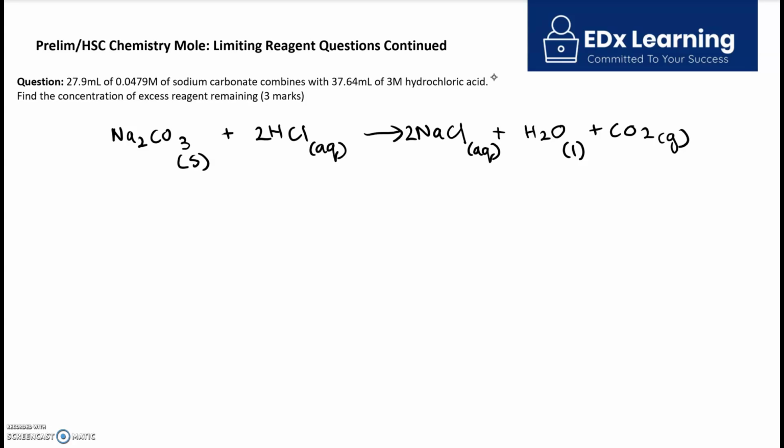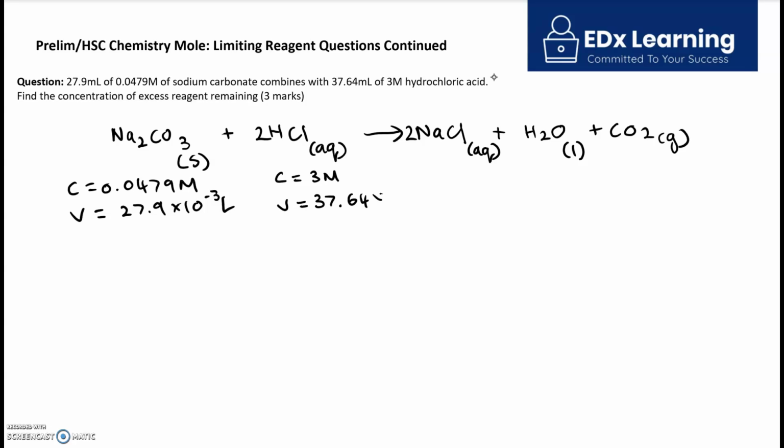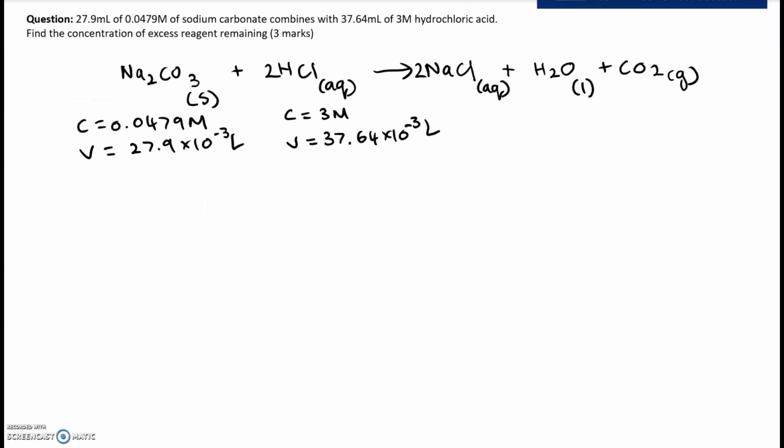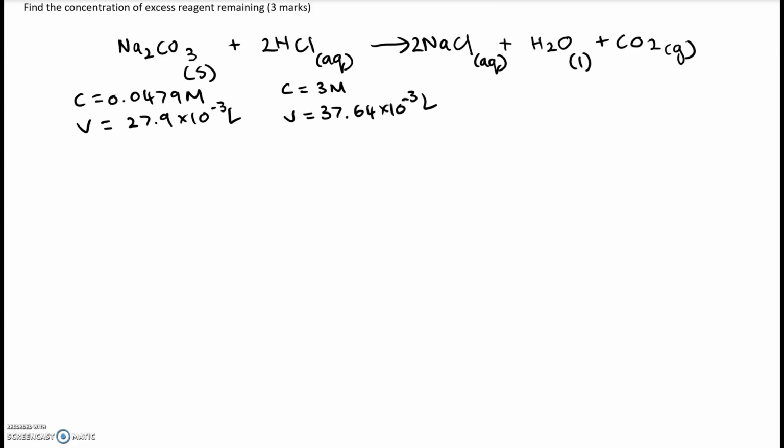Now let's write down our data, which is that the concentration of sodium carbonate is 0.0479 moles per liter. The volume is 27.9 ml. And for hydrochloric acid, the concentration is 3 moles per liter, and the volume is 37.64 times 10 to the power negative 3 liters. Now, remember, step 1 is always find the number of moles of both reagents.